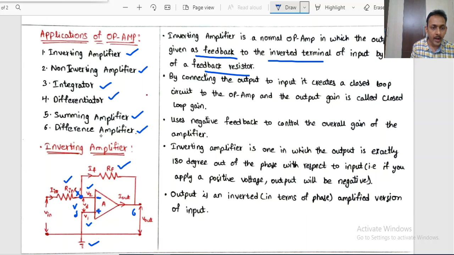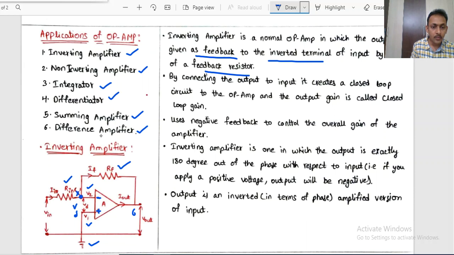Now for analysis sake, we assume that V2 is also at ground potential. This is very important. While doing the analysis of the inverting amplifier, at node X the potential is assumed to be the ground potential.